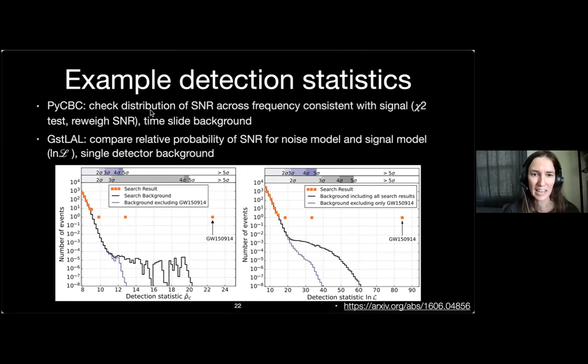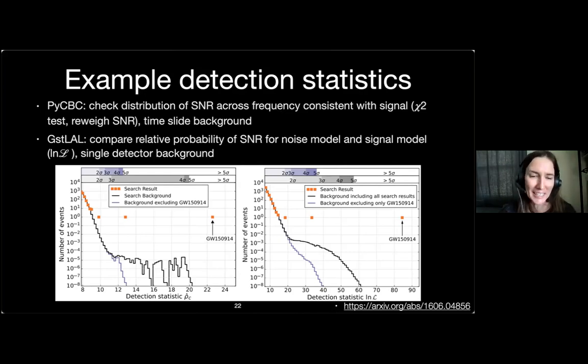There's more to gravitational wave detection than just measuring a signal to noise ratio to improve the discrimination against background, for example, in cases where the noise is not perfectly approximated as Gaussian noise.